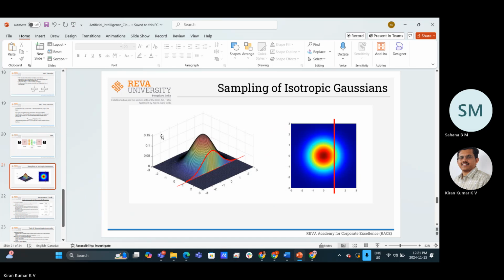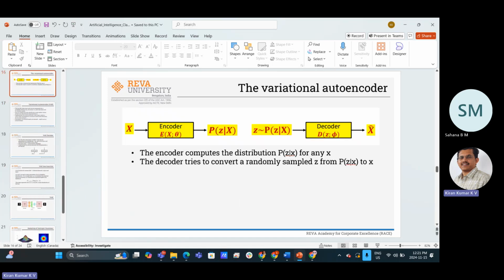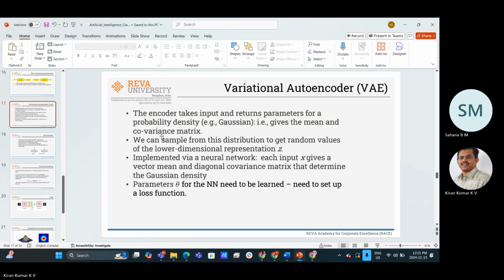Okay. So this is variational encoder, where we randomly sample Z value before passing it to the decoder. Okay.